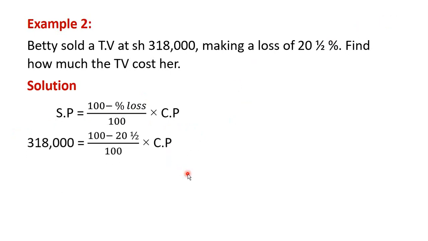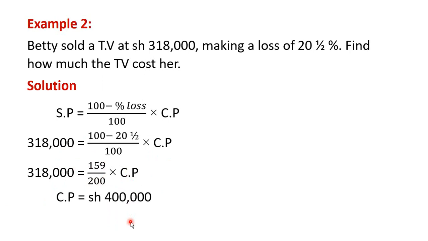Simplifying 100 minus 20.5 divided by 100, we shall have 318,000 shillings is equal to 159 divided by 200 times the cost price. Then we make cost price the subject, so we shall have 318,000 shillings times 200 divided by 159. So the cost price is going to be 400,000 shillings.